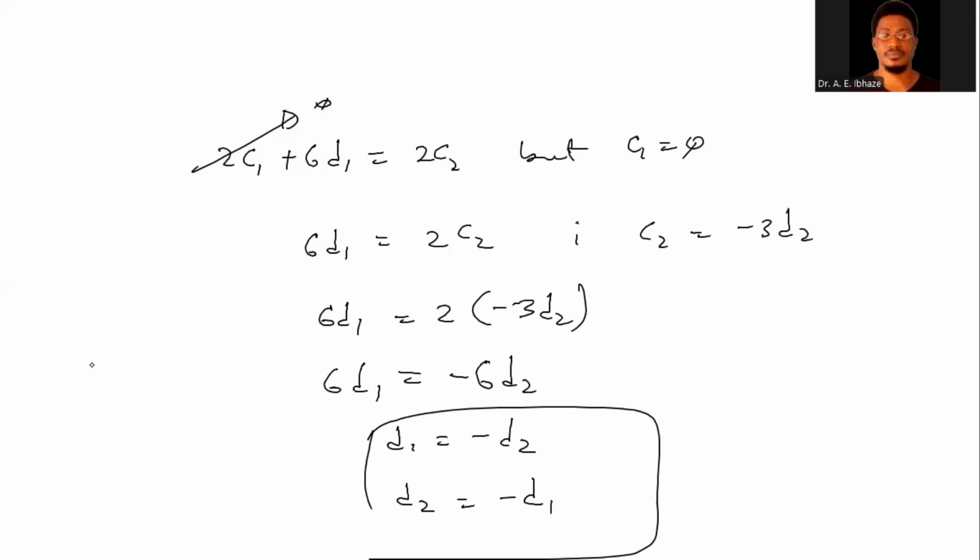And then we know that c2 is the same as negative 3d2, but b1 plus d1 is the same as 3. So that b1 will be the same as 3 minus d1.